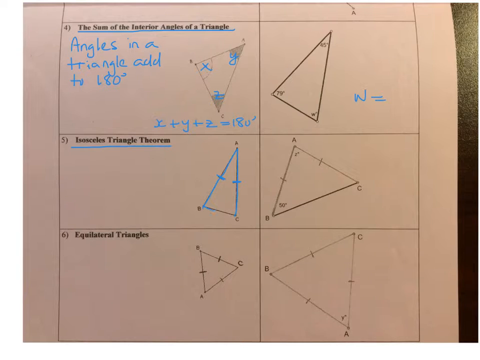What this means in terms of angles is that the angle across from one equal side, which we could call X, and the angle across from the other equal side, which I can also call X, are equal to each other. So angles across from equal sides in an isosceles triangle will be equivalent to each other. Use that property along with another one to help you find angle Z in the example.